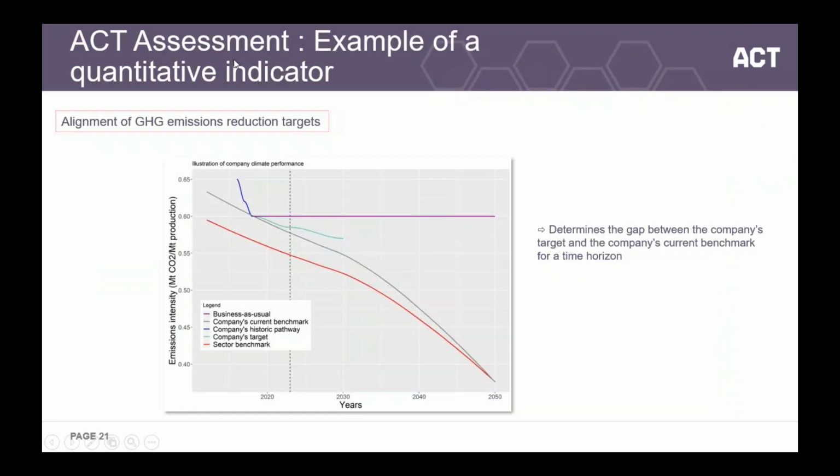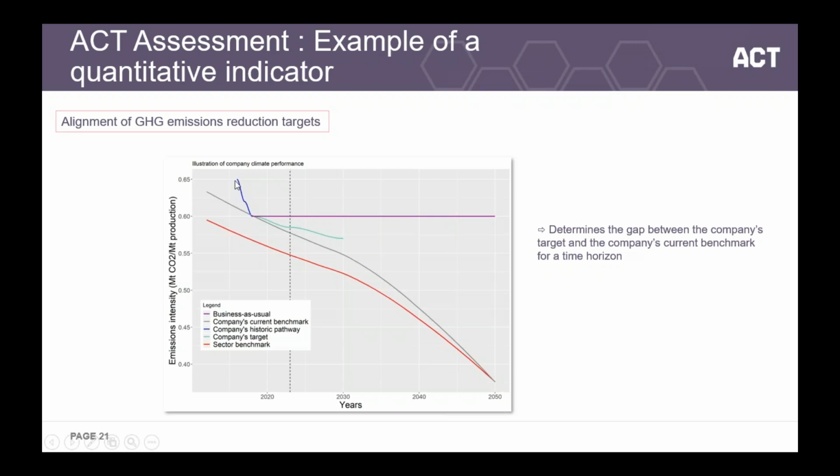I will now give some examples of how the mechanics work. As Esther was explaining before, we have quantitative indicators and qualitative indicators to carry out the assessment. So here is an example of a quantitative indicator, called assessment of alignment of greenhouse gas emissions reduction targets. In this slide, it's just an example.